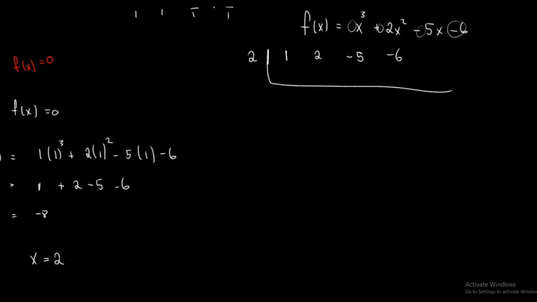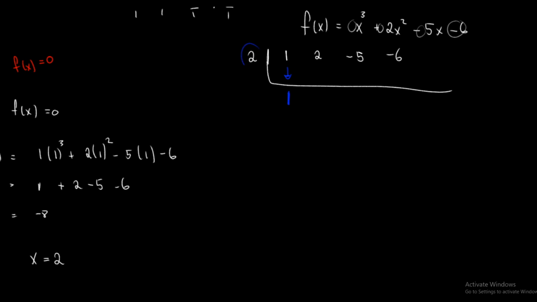Now what we want to do is follow a simple method. It's almost like a zigzag puzzle. The first thing you want to do is bring the 1 down, so it becomes 1.